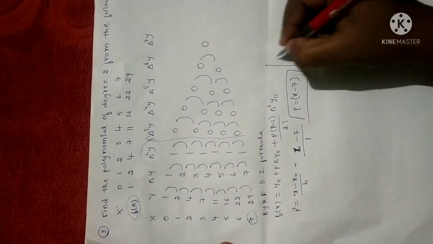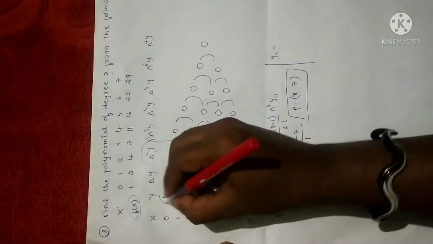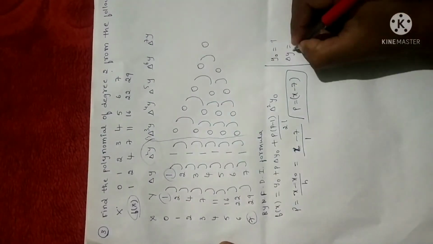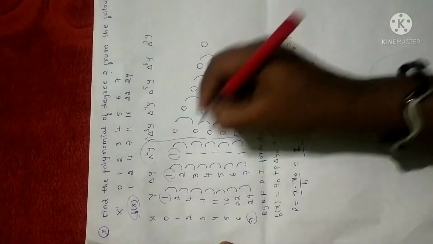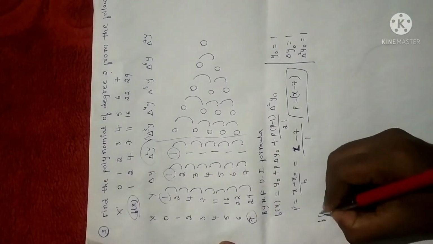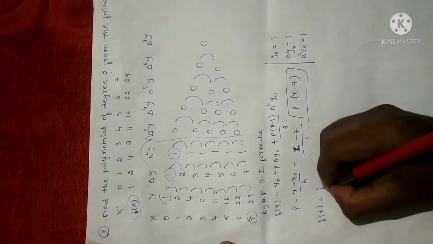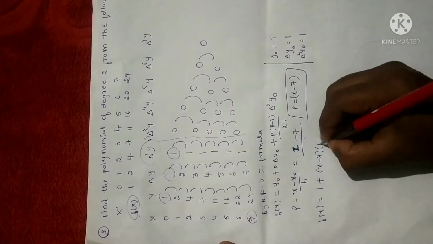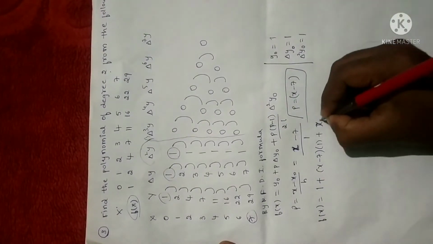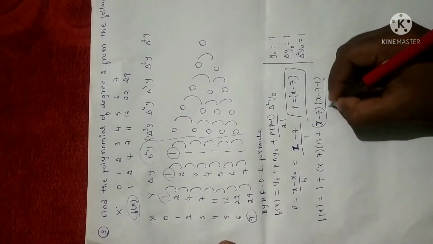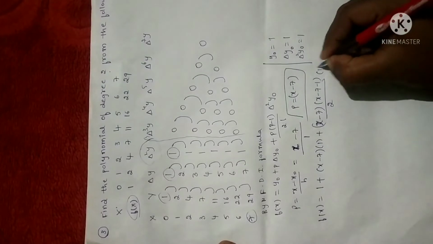Now y naught is the initial value of y, it is 1. Delta y is the initial value, so delta y naught is 1. Again delta square y naught is also 1. With this f of x is equal to y naught is 1, plus p is x minus 7 into delta y naught is 1, plus p is x minus 7 into x minus 7 minus 1 divided by 2 factorial is 2, delta square y naught is 1.